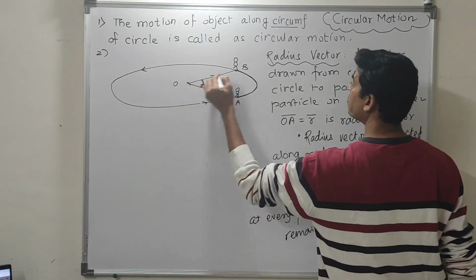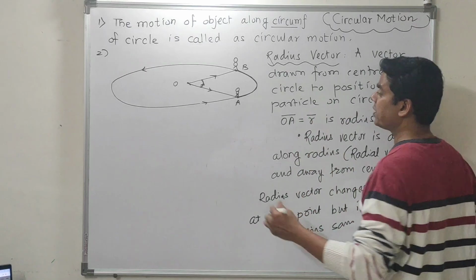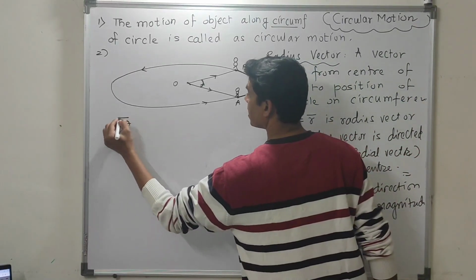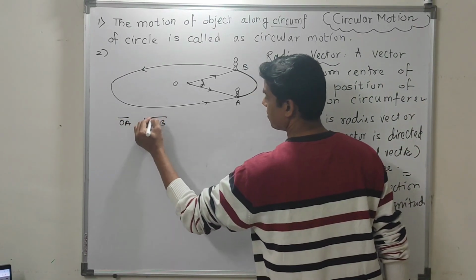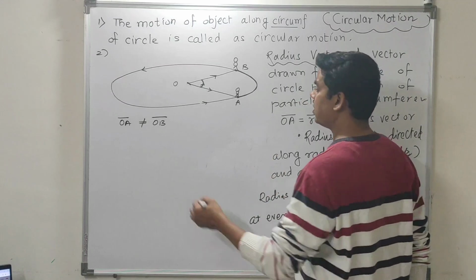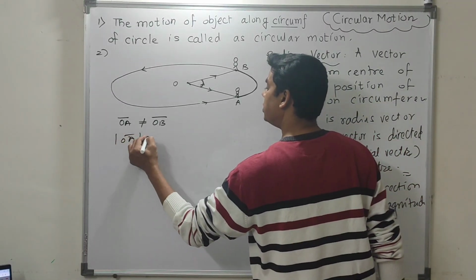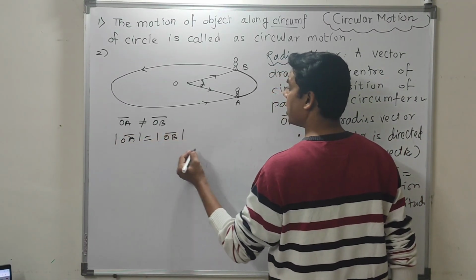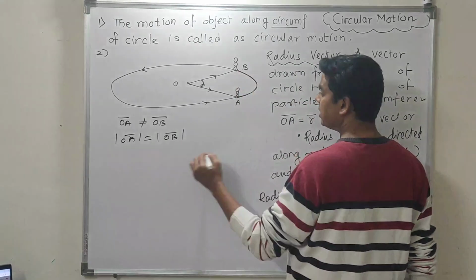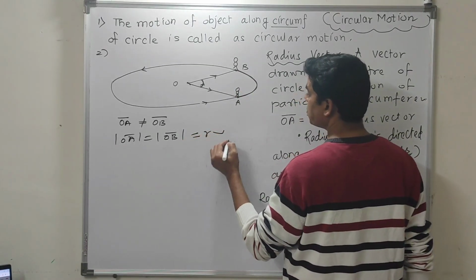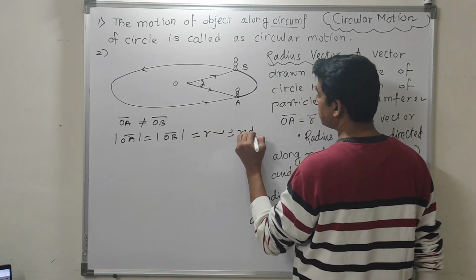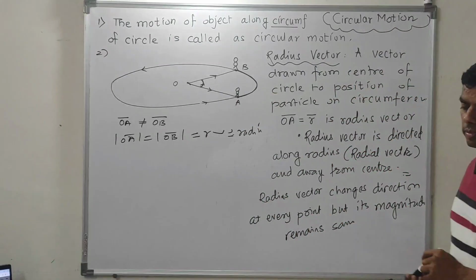OA bar and OB bar are two different radius vectors. OA bar cannot be taken as OB bar because their directions are different, but we can take the magnitude of the radius vector OA bar at position A equal to the magnitude of the radius vector at position B, and that magnitude is equal to the radius of the circle.